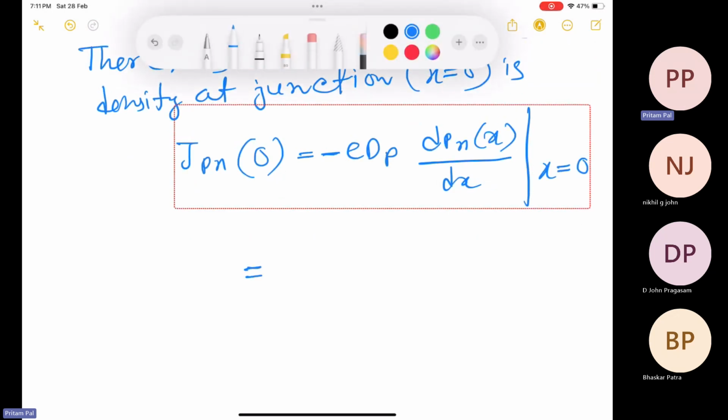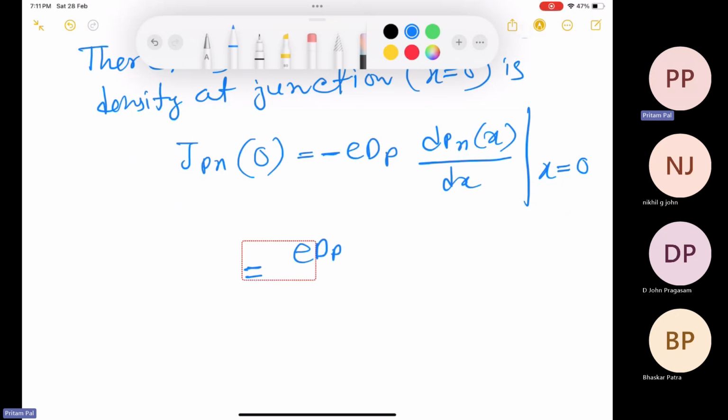So if you do the first derivative, we will get something like this.